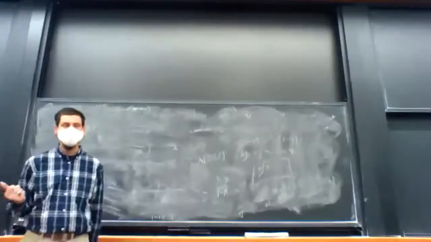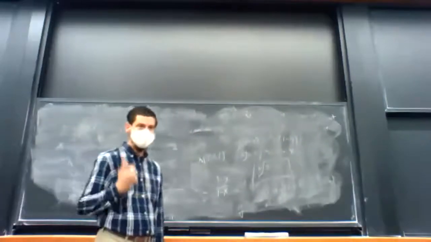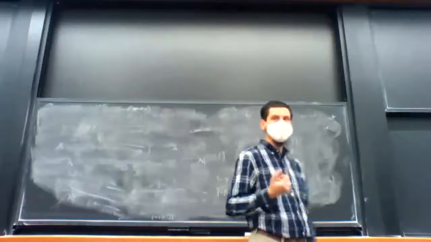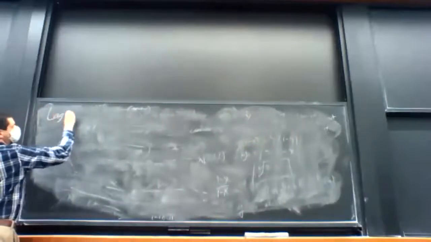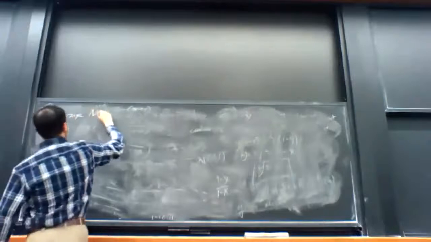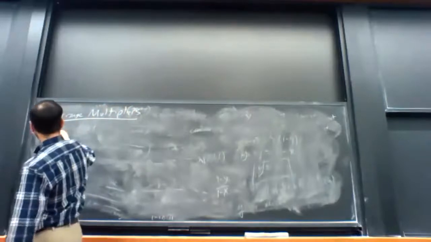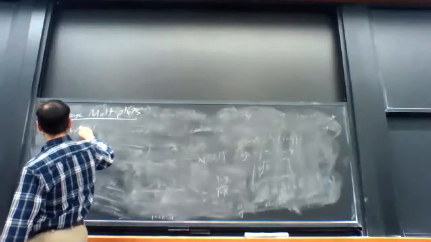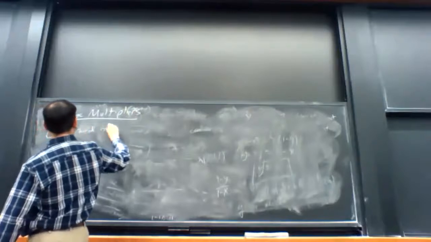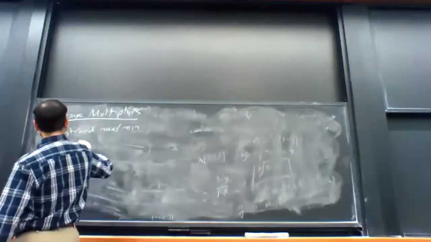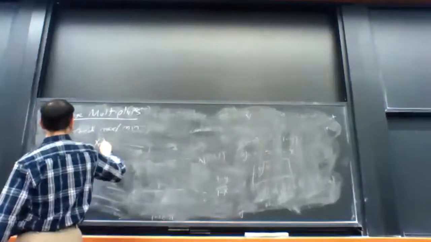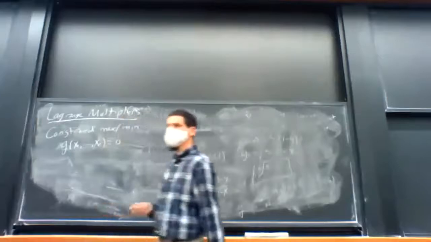Frequently, when we do Lagrange multipliers, we have this helping variable lambda. At the end of the day, we don't care about it. So Lagrange multipliers, and the goal is constrained max or min. And so we have some constraint function. Maybe it's g(x1, ..., xn) equals 0.